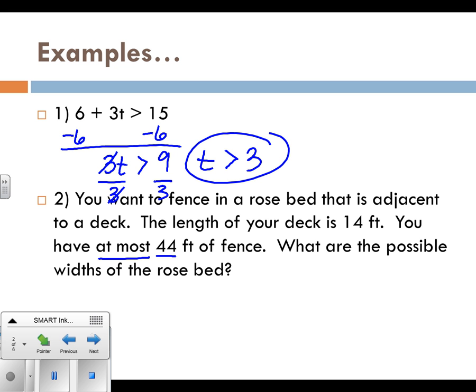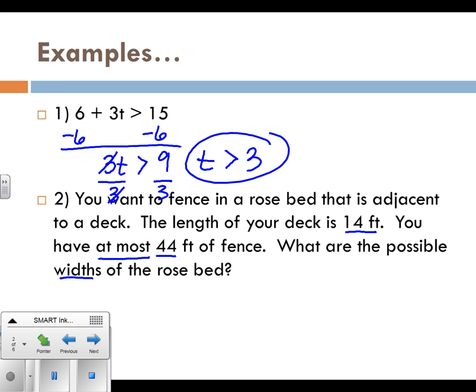So we know we have the one length, which is 14. The other length, because it's a rectangle, is right next to the deck, so we don't need to put the fence around that. So we have one length of 14, and then we would have 2 widths, and we want to know the widths.